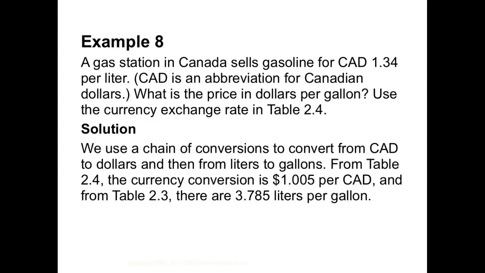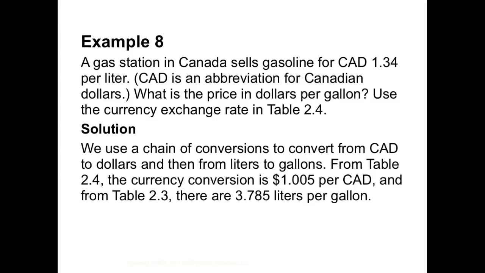All right. So we'll do this at the top of the page. What we have is $1.34, and that's Canadian dollars per 1 liter of gas. I want to convert this to American dollars per gallon. So first we're going to work on converting the Canadian dollars to American dollars.